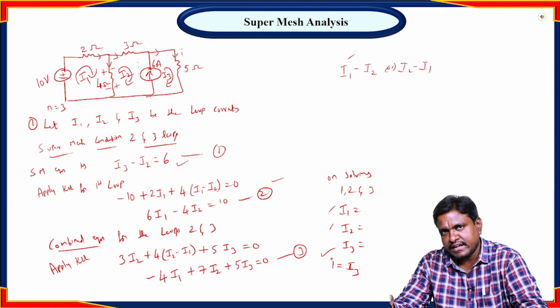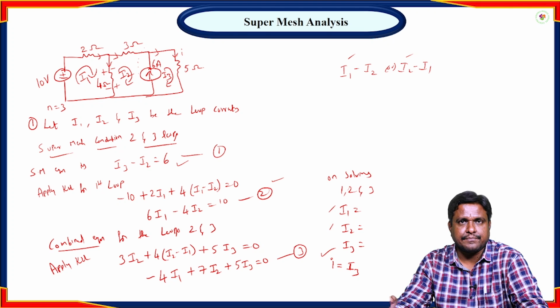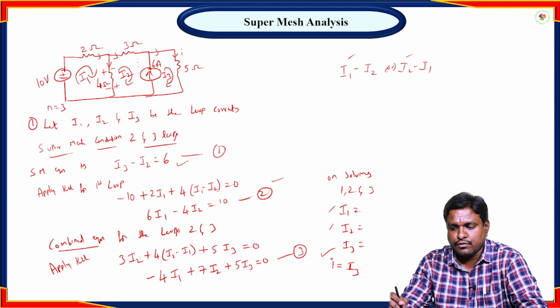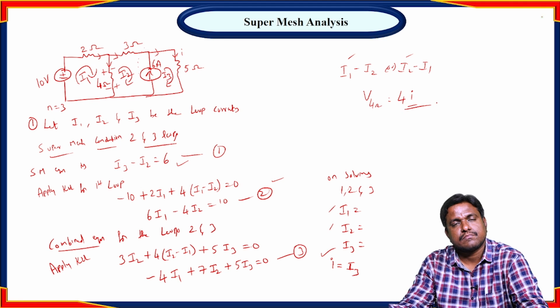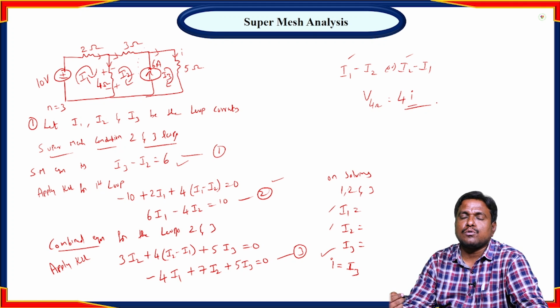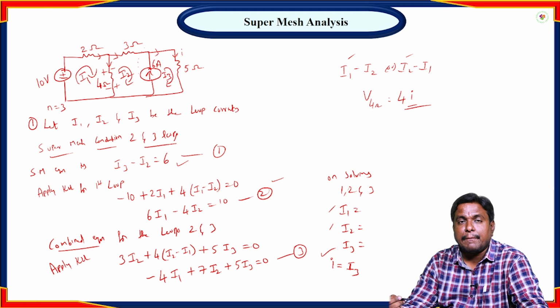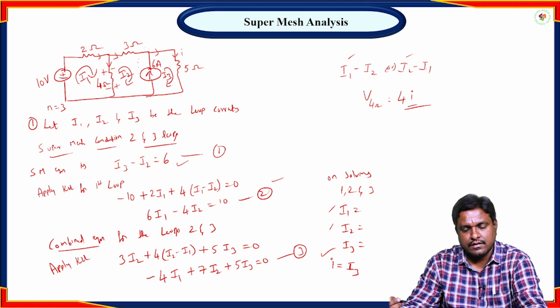Or if I2 value is highest, we get I2 minus I1. So once we get the current passing through 4 ohm resistor, then the voltage across 4 ohm resistor is 4 into that particular current. So this is the procedure how to find the response by using the super mesh analysis.